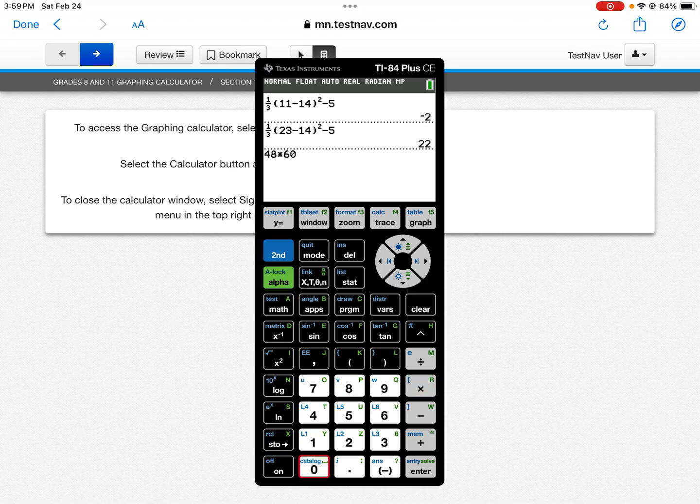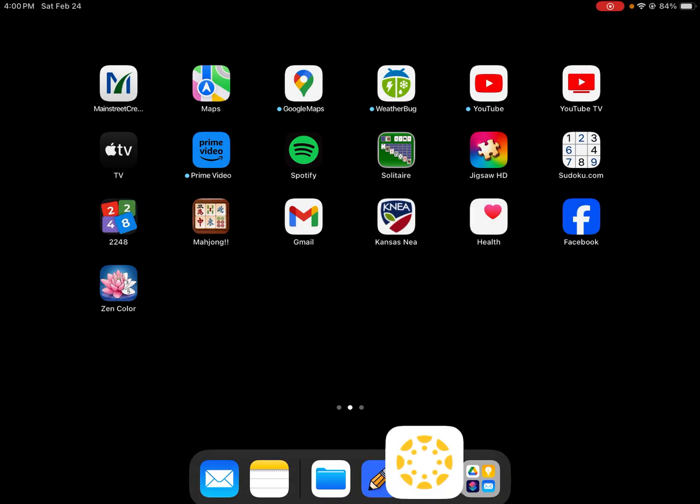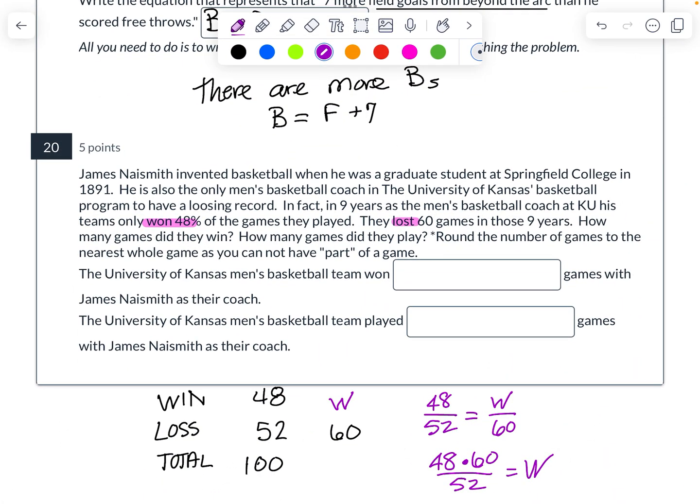But you can't have part of a basketball game. So that should be 55 wins. So if we put 55 there, and we add the two numbers together, this is a 5, and that's an 11, so 115 games.